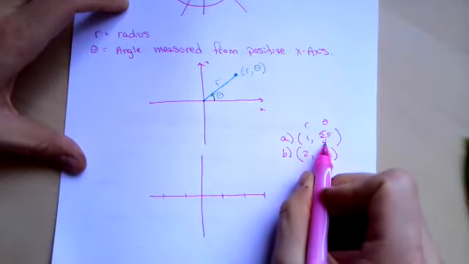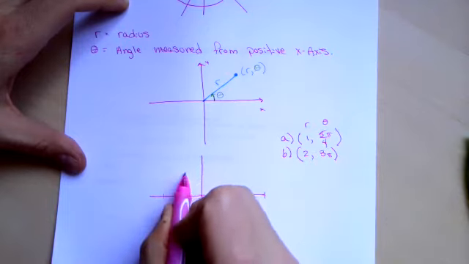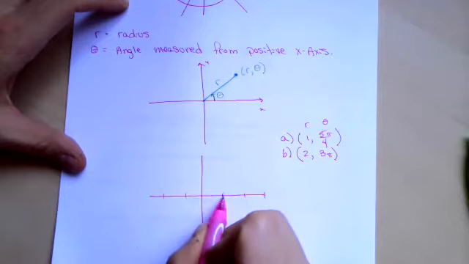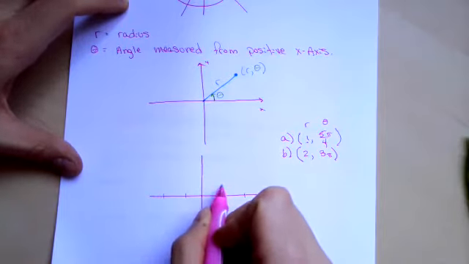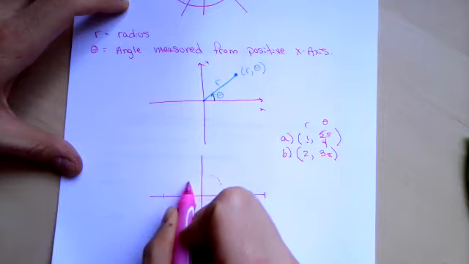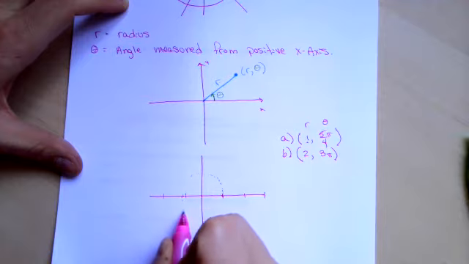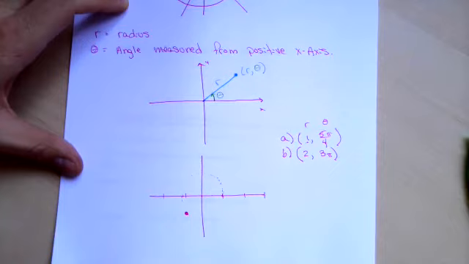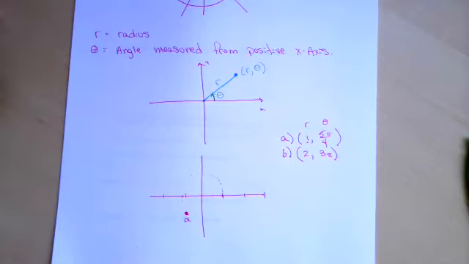And now theta is 5 pi over 4. So think of rotating around, or walking along a circle of radius 1, to an angle of 5 pi over 4. You would start here, walk around to 4 pi over 4, and then to here, 5 pi over 4. So that would be our point A.